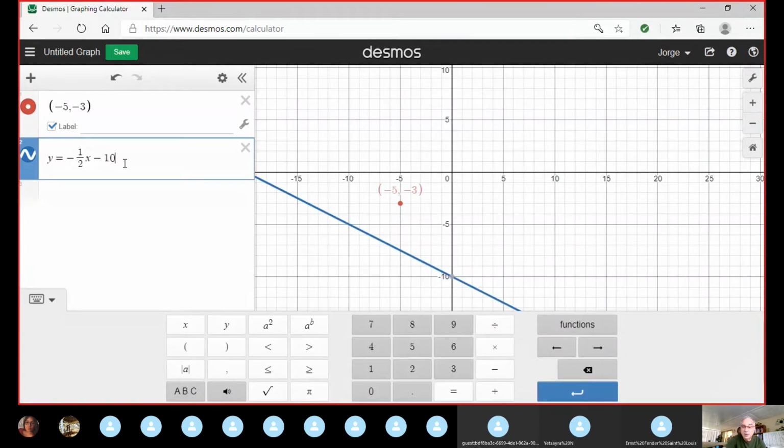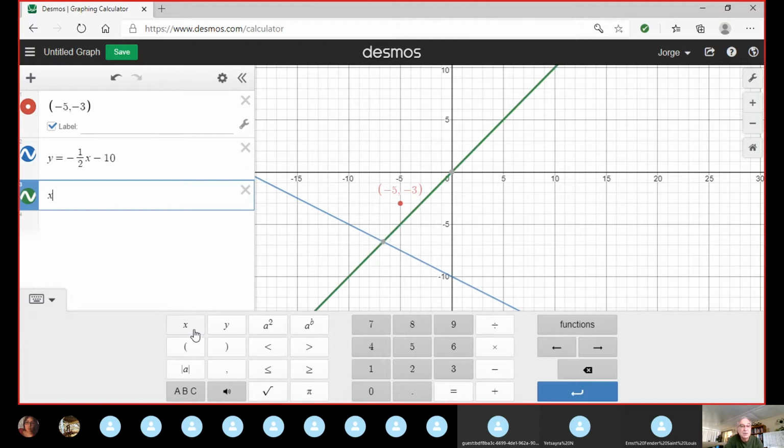In another line, I want to put the equation of the solution that we got: x plus 2y equal -11. Okay, you put the equation that is x, in standard form, plus 2y equal -11.